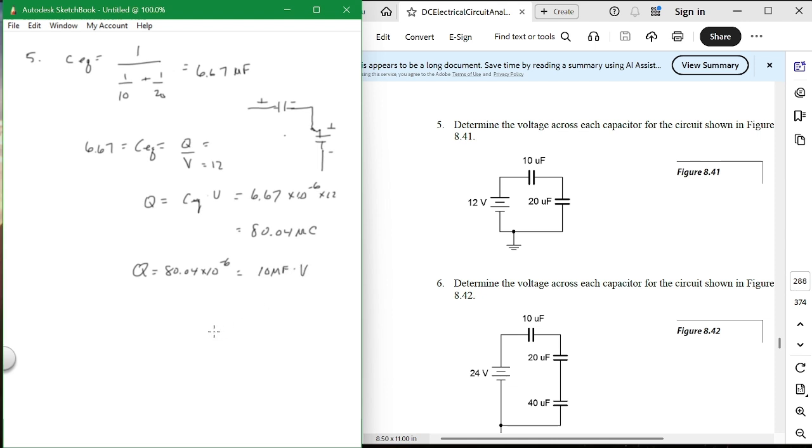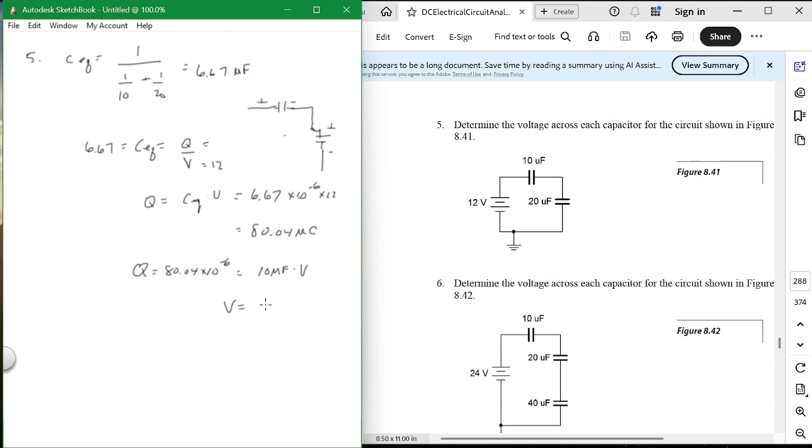It makes sense? Now the voltage across these two has to add up to what? Better add up to 12. Why? Because the voltage around a closed loop has to add up to 12. Does everybody follow that? So here's the trick. You got to find C equivalent. And that's that problem. So what would be the voltage across that?